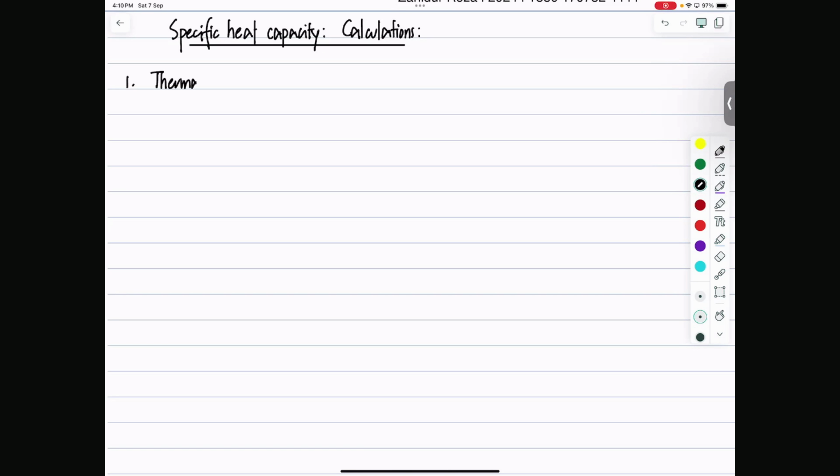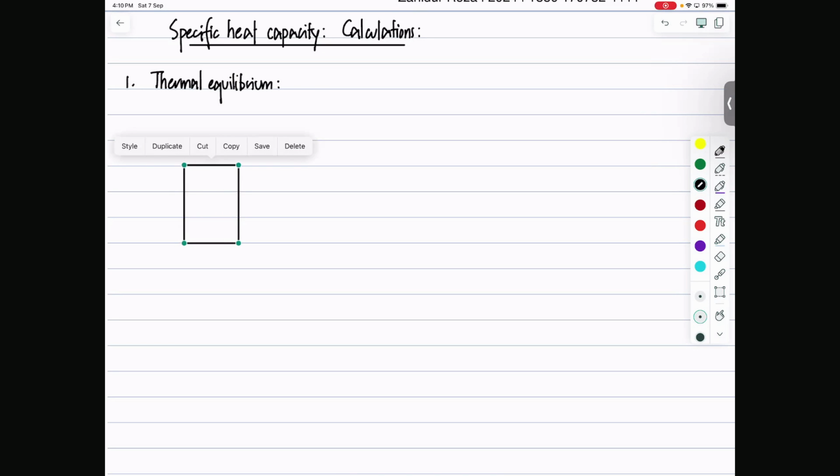You can use specific heat capacity to figure out when you can attain thermal equilibrium. The question would be something like this. You have a container, and this container contains a liquid at room temperature.